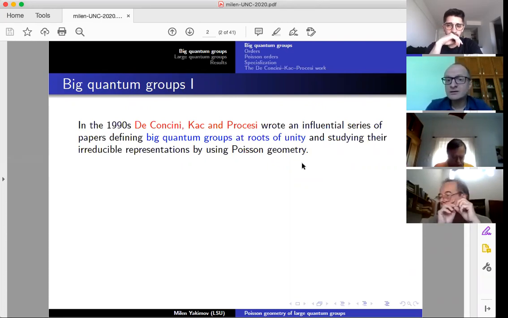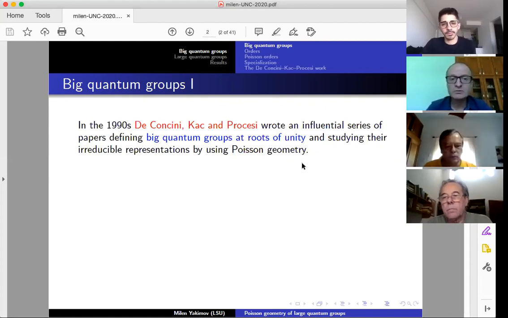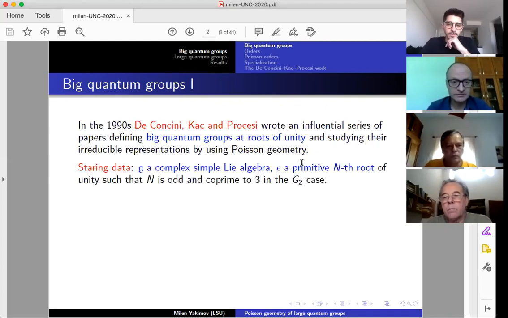So in the early 1990s, De Concini-Kac and Procesi constructed a family of quantum groups at roots of unity, which are called big quantum groups. And they found a way to study the irreducible representations with the methods that I mentioned, namely Lie groups and Poisson geometry. And I want to say more about these fundamental works of De Concini-Kac and Procesi.